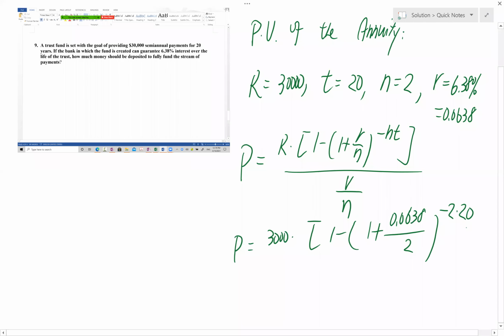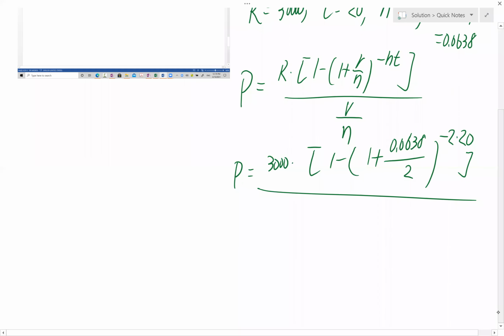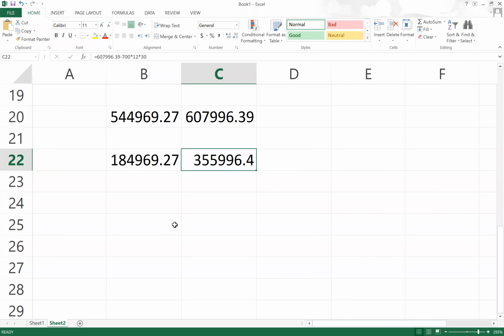That means the recipient of the trust fund receives 40 payments of $30,000 over the life of the trust fund. And similarly, you input it properly and we should get a result.